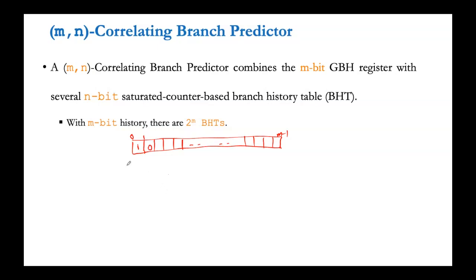For every branch there is a branch history table. The entry in the 0th branch's table is a 2-bit saturating counter, because in our example n is equal to 2, since up to now we consider a 2-bit saturating counter.